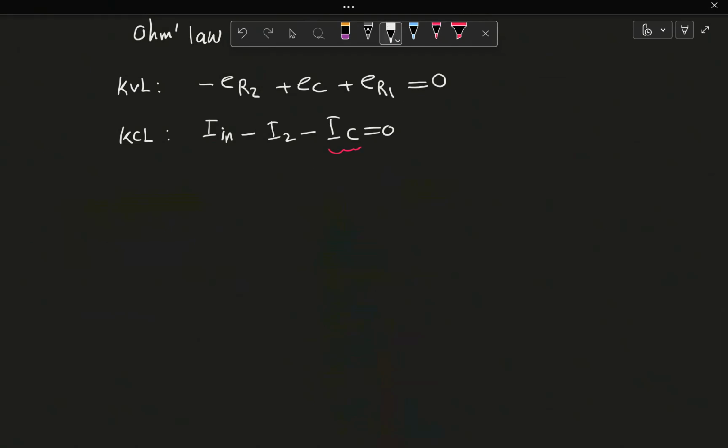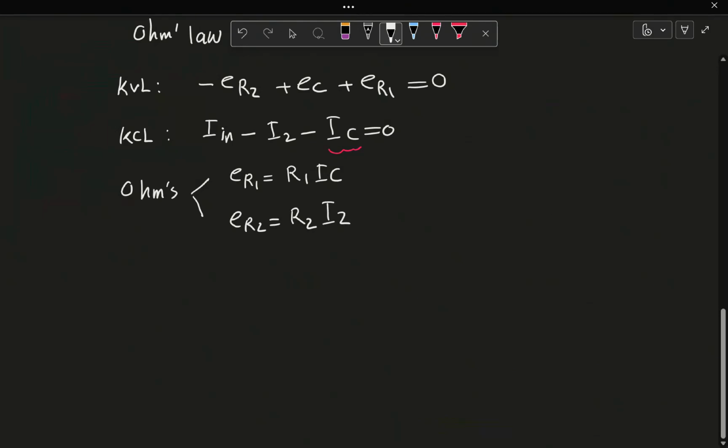And at last, you can use Ohm's law twice. The first time is ER1 equals R1 times the current that passes through R1, which is IC. The second one, ER2, is R2 times the current that passes through R2, which is I2.